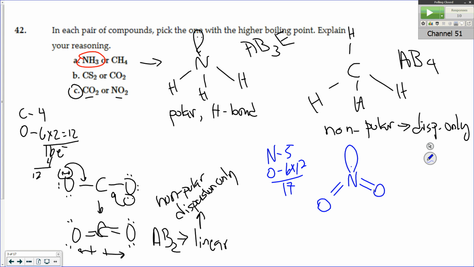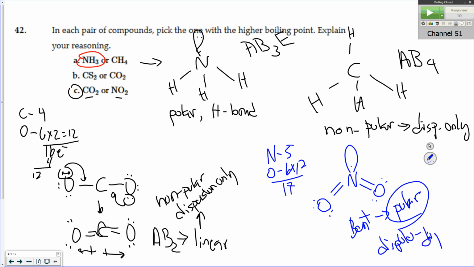So it results in a bent geometry rather than a linear geometry, and that causes this to be a polar molecule. The one that's polar has a dipole moment, so it can have dipole interactions. The one that can have dipole interactions is going to have the highest boiling point.